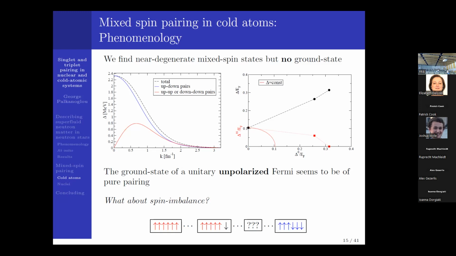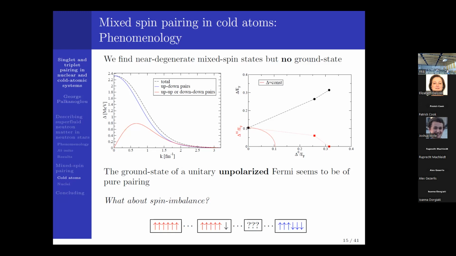That is demonstrated in the plot on the right. On the x-axis, I have the order parameter of the S-wave pairing. On the y-axis, I have the P-wave order parameter, and the black points are the pairing gap, the binding energy of the whole superfluid. And we see that actually closing the P-wave pairing gap increases the binding energy of those pairs.